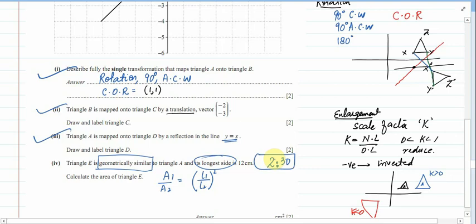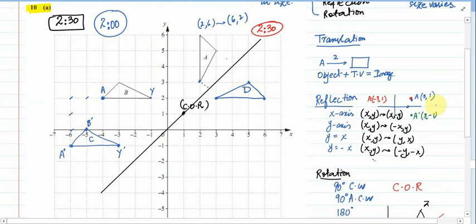Start. All right. Before that, I can find the area of triangle A. I'll say that the area of triangle A is equal to 1 upon 2 times base times height. What is the base? It's 3 units, right?